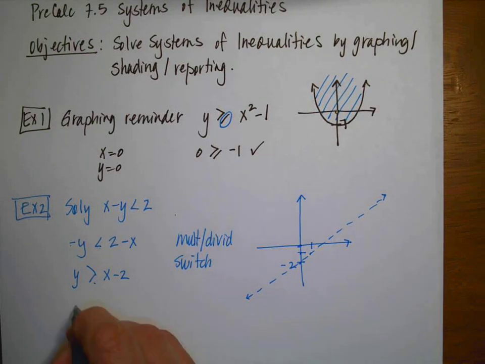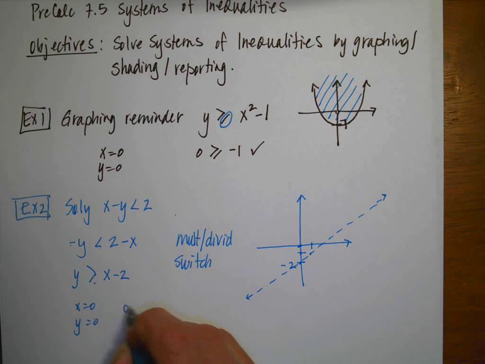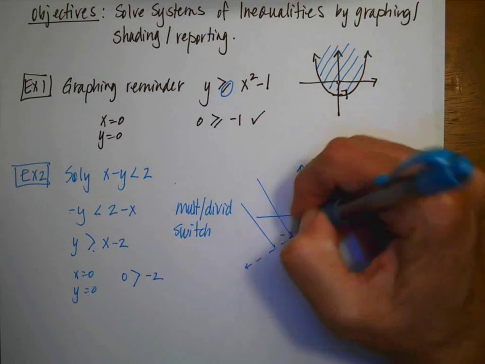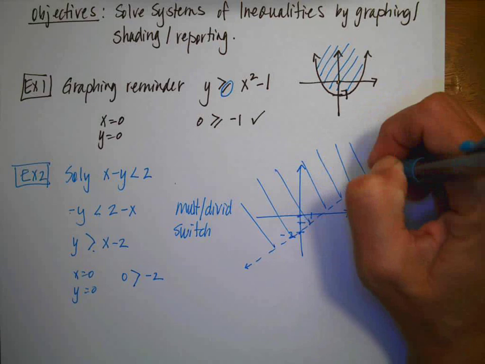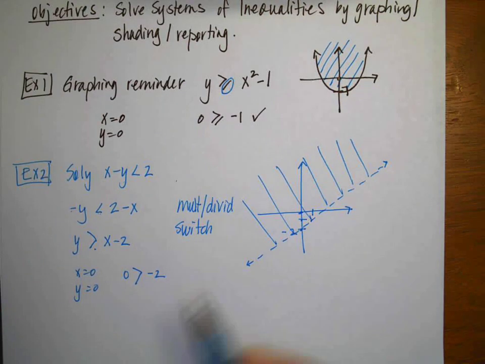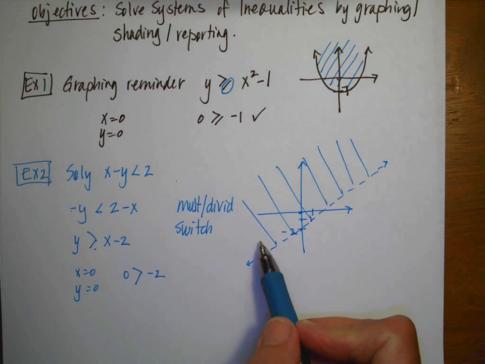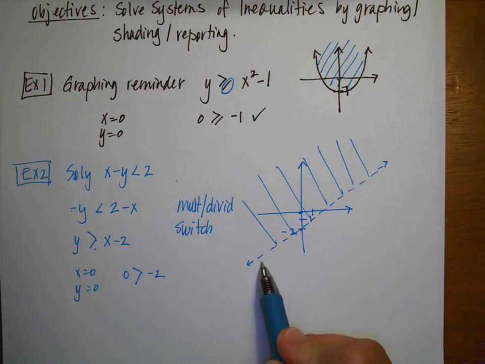So if I chose the point 0, 0, so x is 0 and y is 0, I want to know, is 0 greater than -2? Yes, that's true. So then I would shade this side of the line. And when I shade that, the solution set is everything inside the shaded area, not including the line.